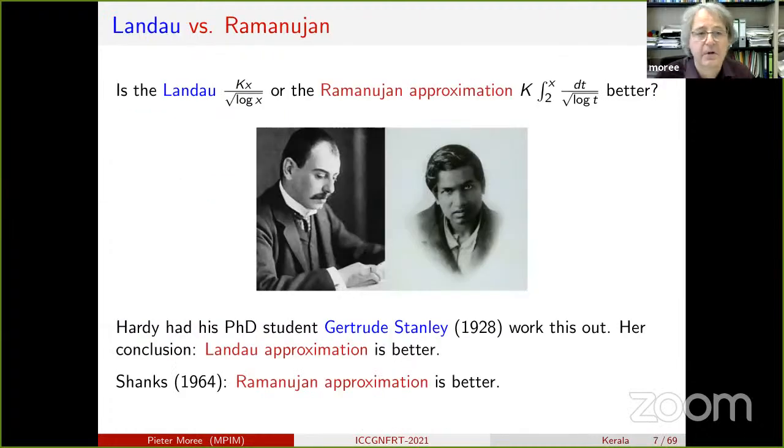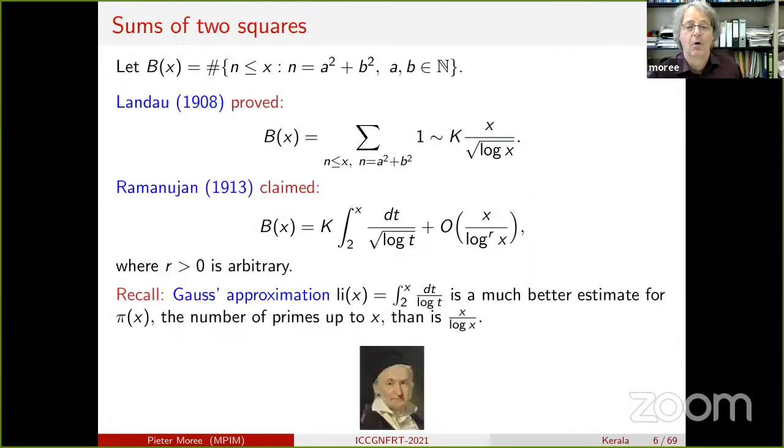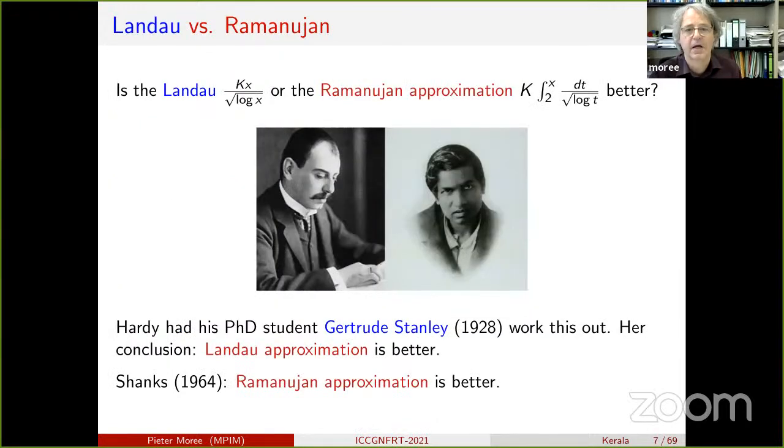But what you can still ask, given those two results, is which of the approximations is better. Is it the one of Landau, just K times x over the square root of log x, or is it the integral? The first to be interested in this question was Hardy, for logical reasons, because he knew both results.